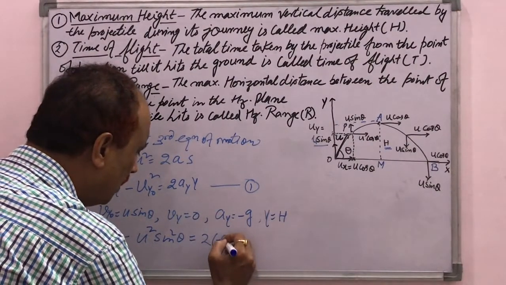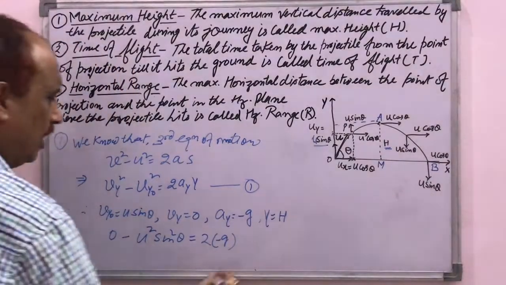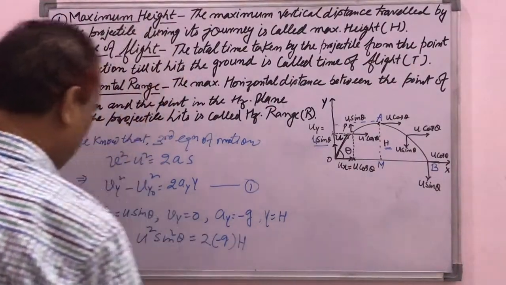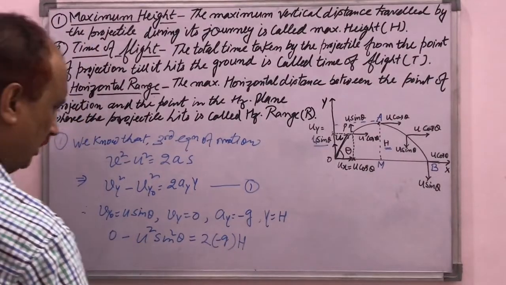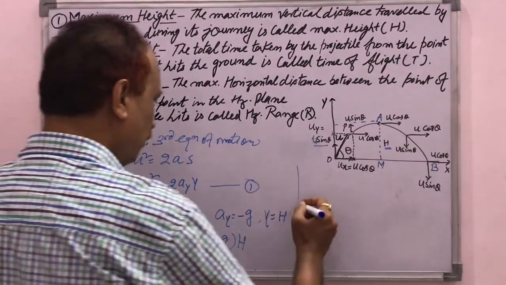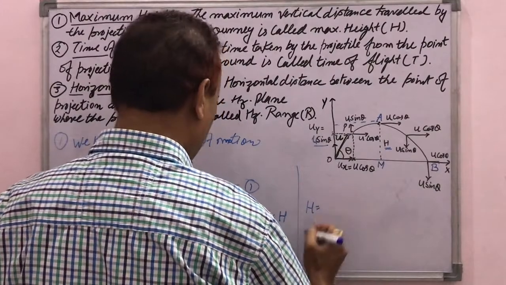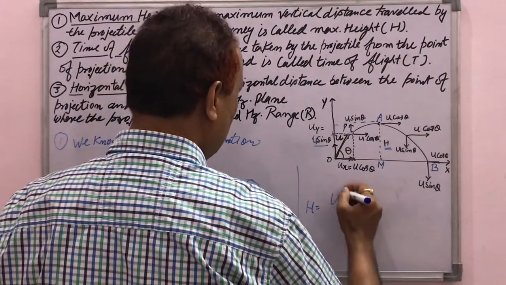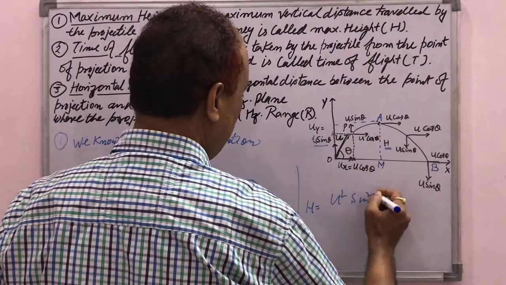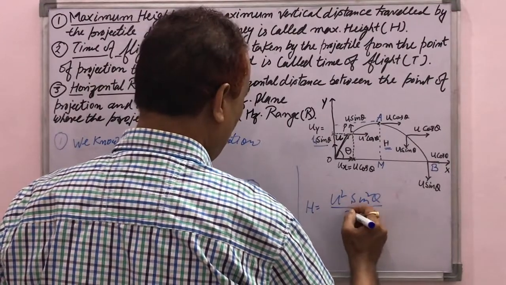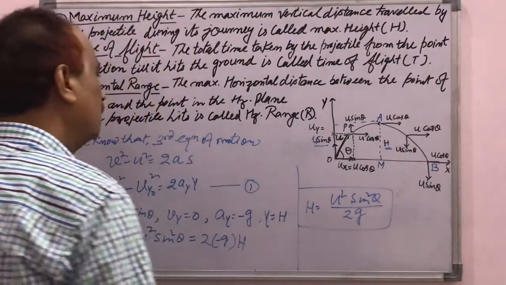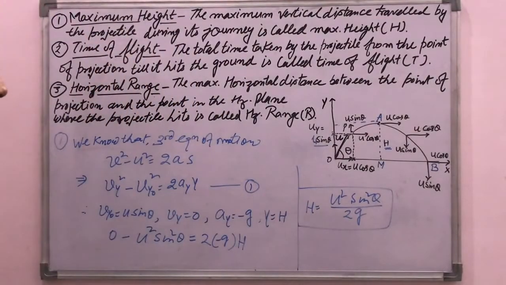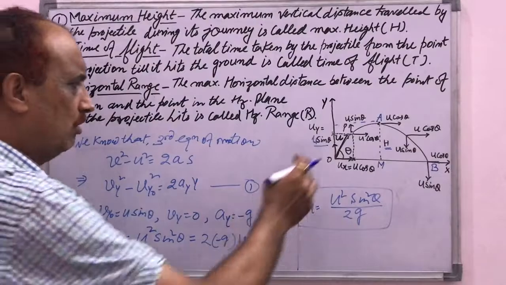Ay means minus g, and y means capital H. Now simplify, this minus cancels out with that minus, and we get the relation for maximum height H equal to u square sine square theta upon 2g. So this is the expression for the maximum height attained by the projectile.